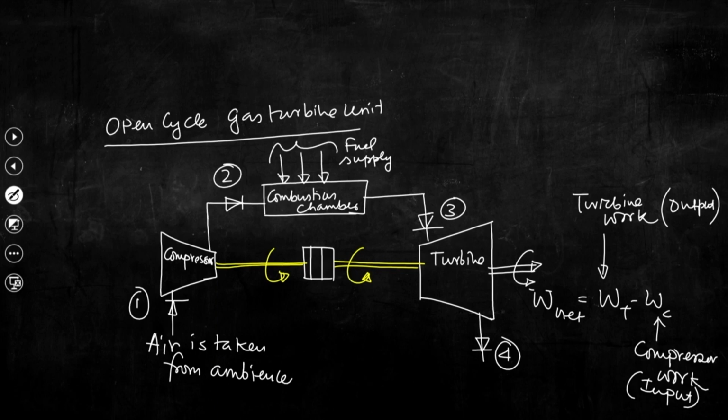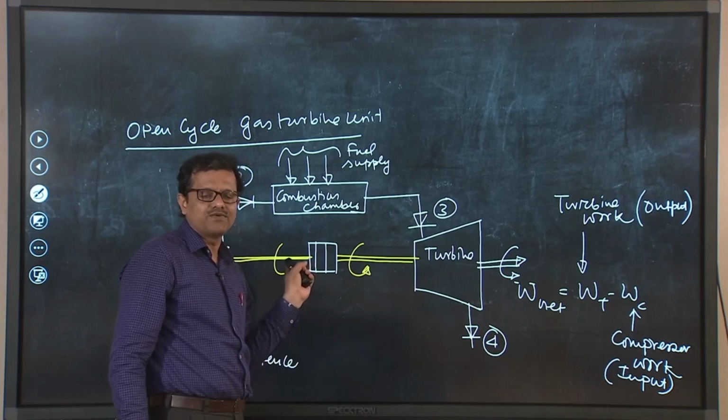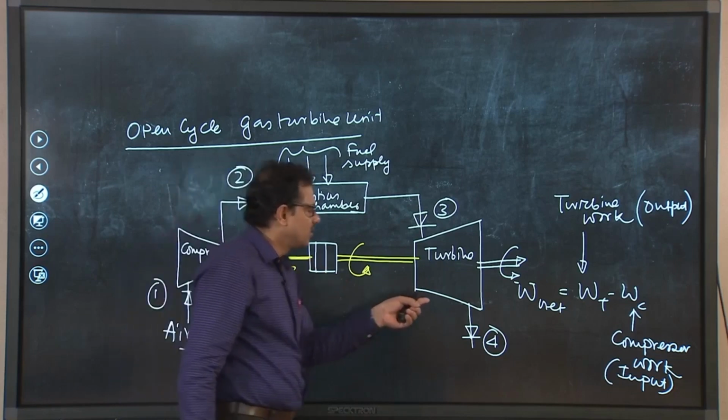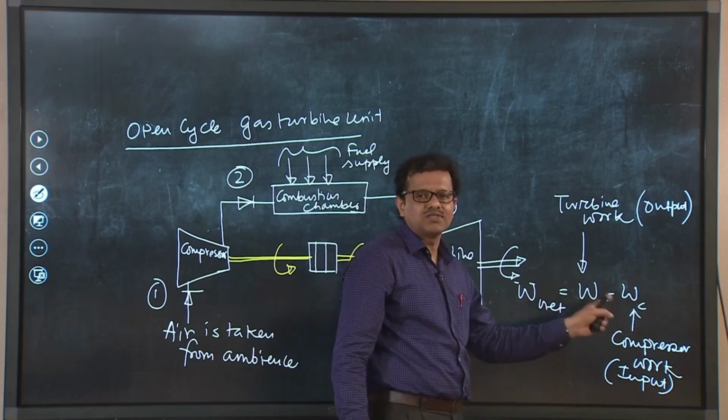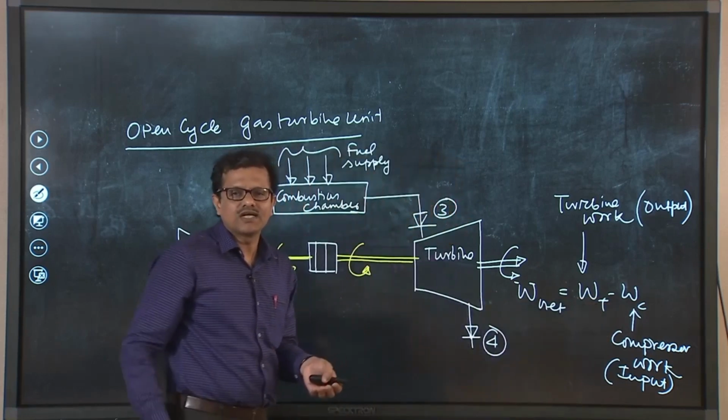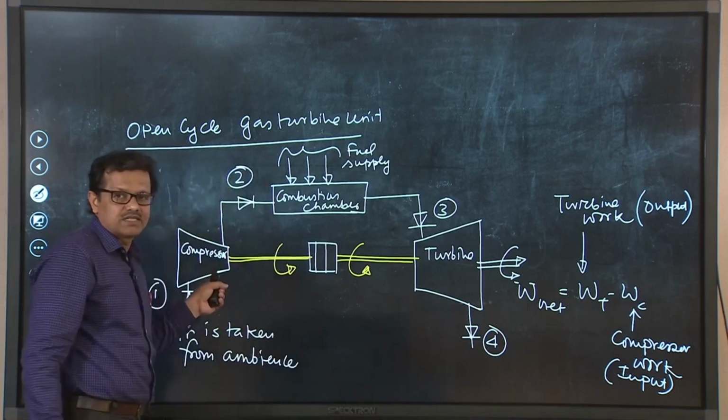Had we not connected the shaft of this compressor with the shaft of the turbine, we could have obtained the full turbine work, that is WT, but what we can see from this schematic depiction is that a significant part of this turbine work will be absorbed by the compressor for its operation. Hence, we will be getting net work output, and that is WT minus WC, and WC is basically the amount of work that we need to feed to this compressor.